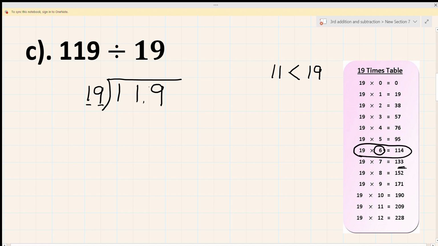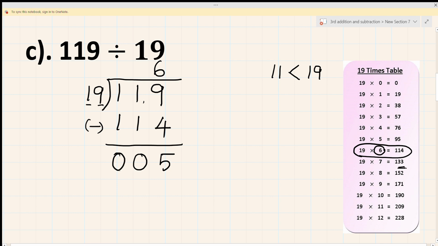So write 6 in the quotient, 114 below the number. Now we are going to subtract these numbers. 9 minus 4, 5. 1 minus 1, 0. Again 1 minus 1, 0.